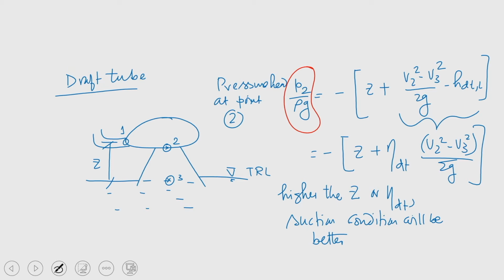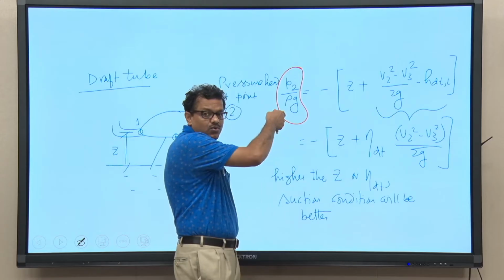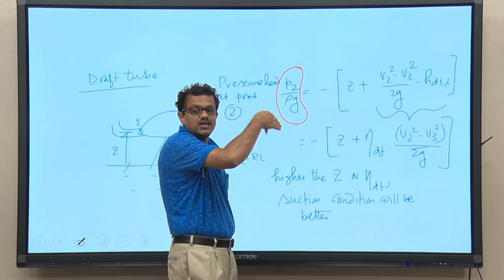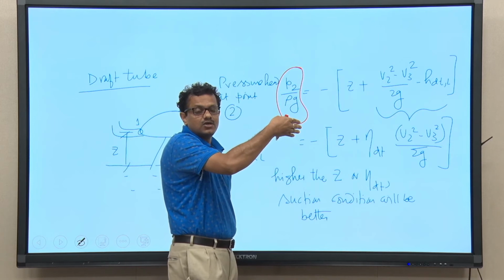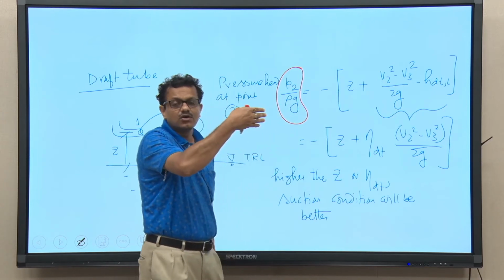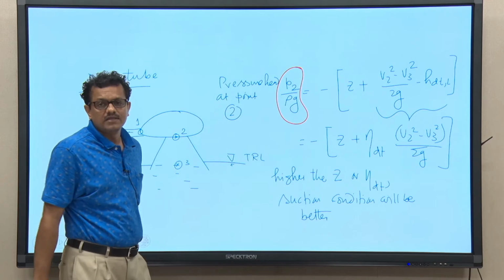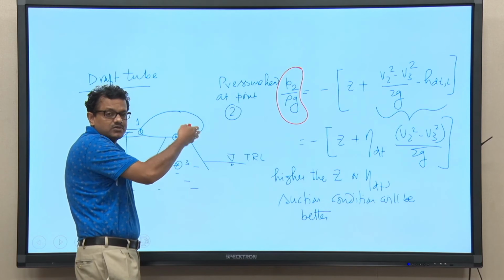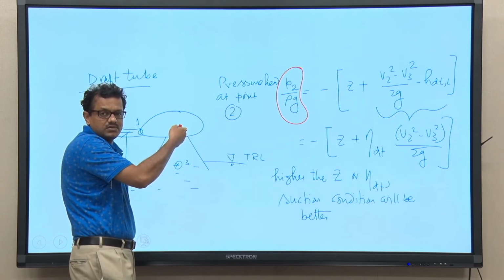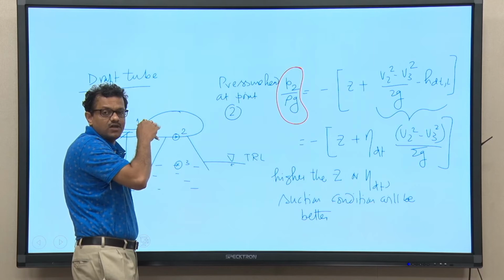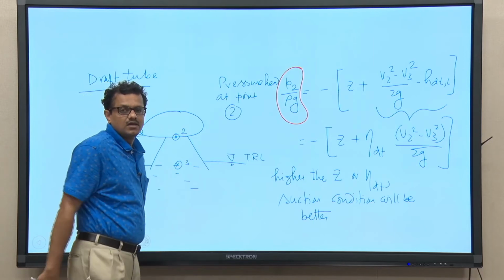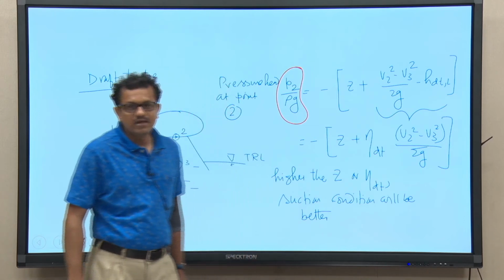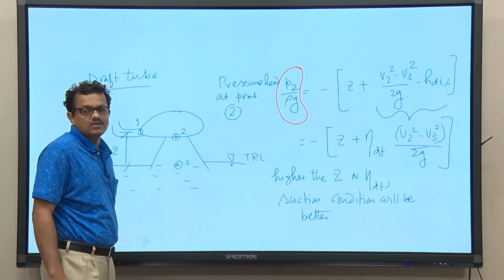So, basically, the pressure at point 2 should not fall below the vapor pressure at the operating temperature of the working fluid of the turbine, to be precise. If it does, then we really cannot avoid that undesirable phenomenon called cavitation.